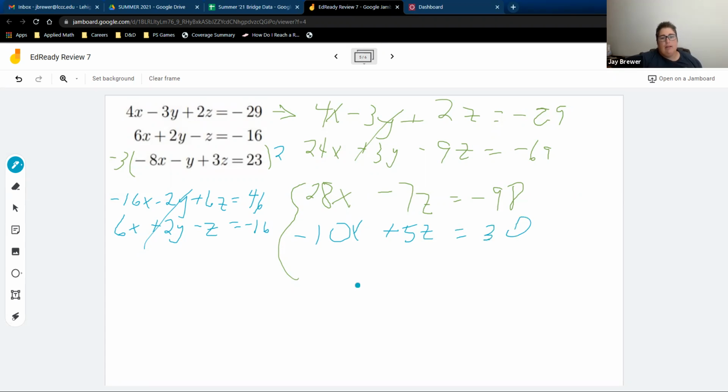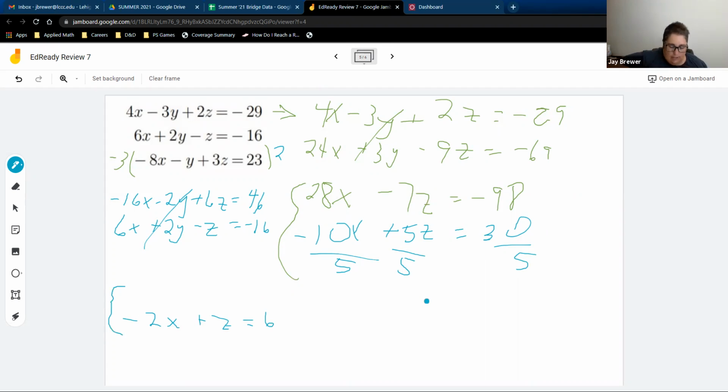Now, if you take a minute, you can see that actually we could reduce this a little bit. 5 goes into each of the bottom ones, so if we divide by 5 here, we end up with negative 2x plus z equals 6, and that's a little bit nicer of an equation.